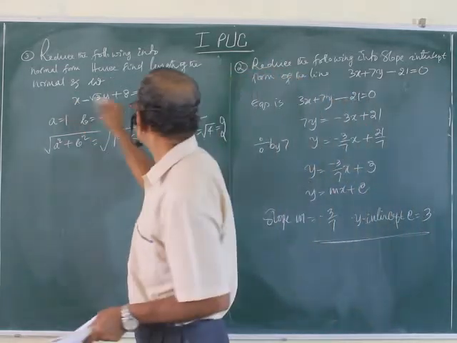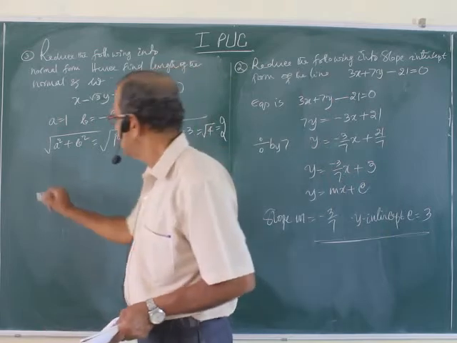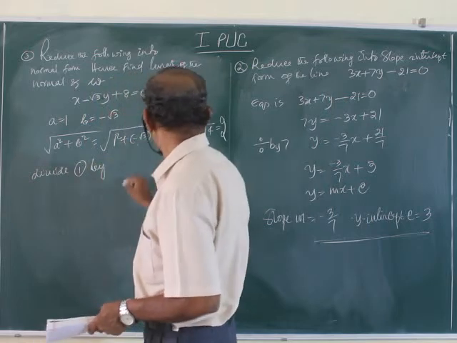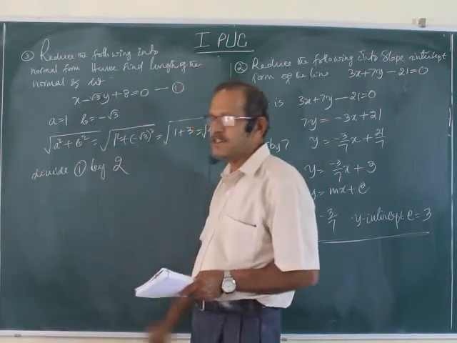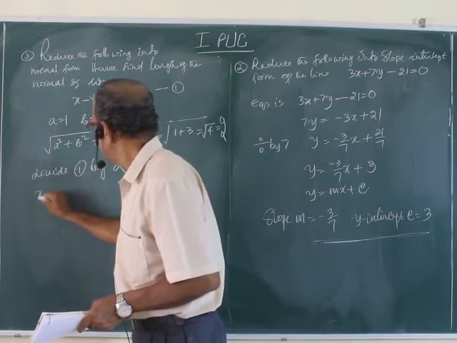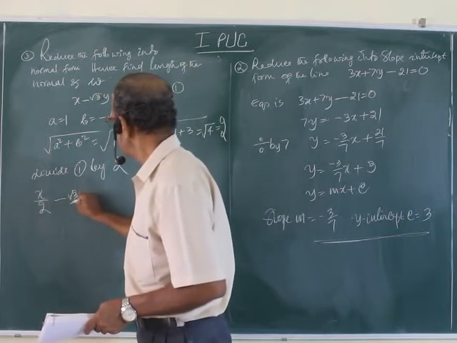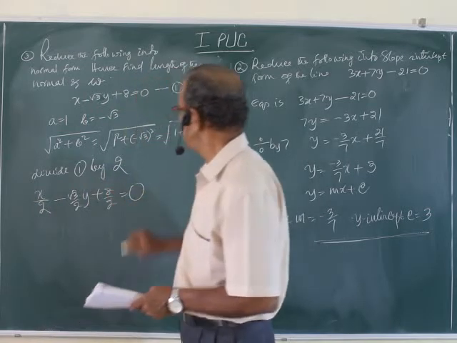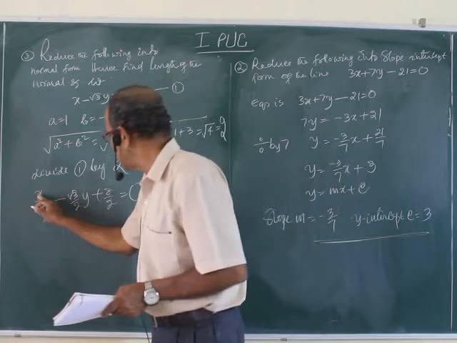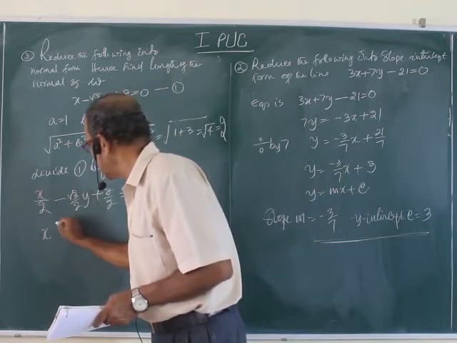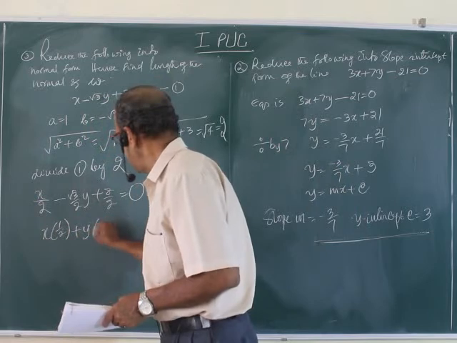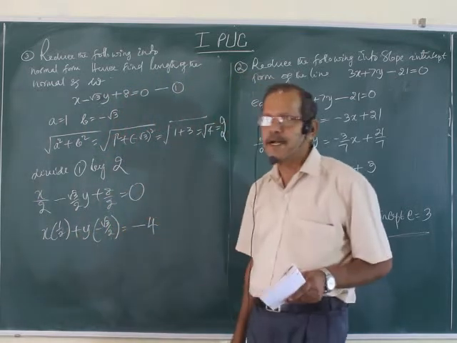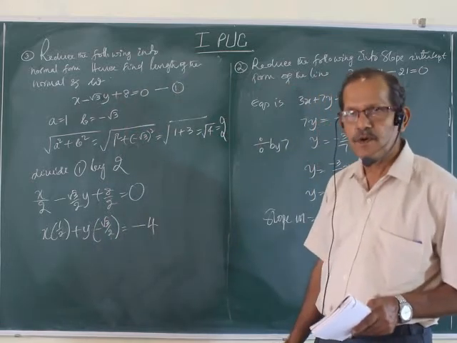Now, divide throughout by root of a square plus b square, 2. You get x by 2 minus root 3 by 2 y, plus 8 by 2, equal to 0. Or you can write this as x into 1 by 2 plus y into minus root 3 by 2 equal to minus 4, 8 by 2 is 4.